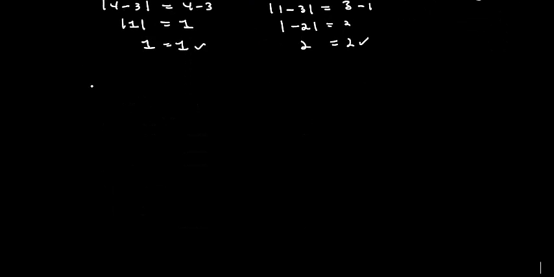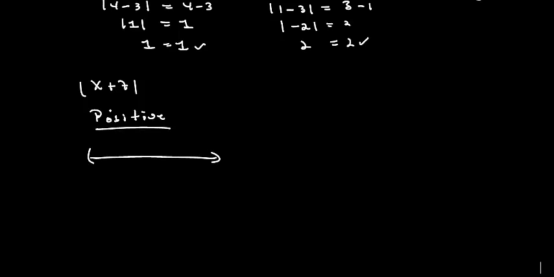Let's say we want the absolute value of x plus 7. Well, when is this guy positive and negative? So it is positive under the following conditions. When is x plus 7 greater than or equal to 0? When is it non-negative, I'll say. So this is when x is greater than or equal to negative 7.